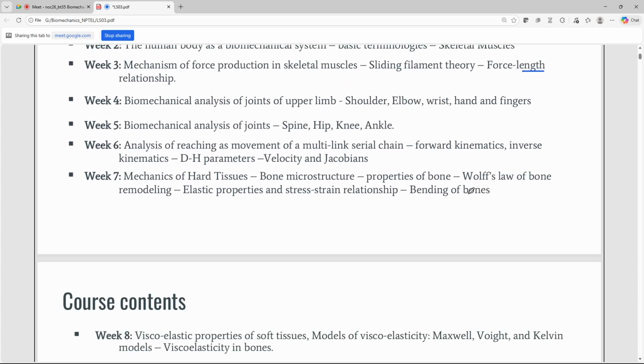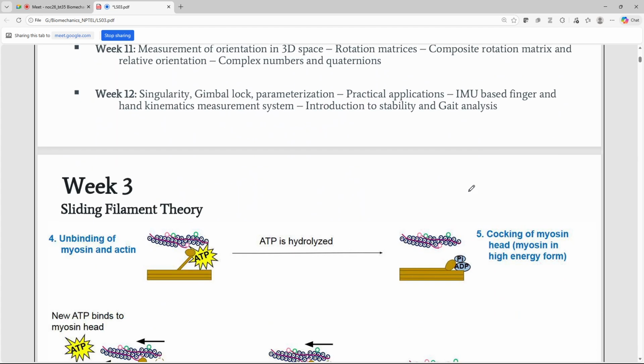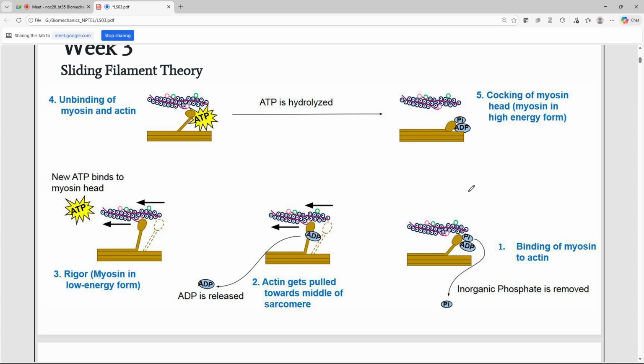So let's take a small recap of the sessions. This is the sliding filament theory, which is basically how muscle contraction is happening inside our skeletal muscles.